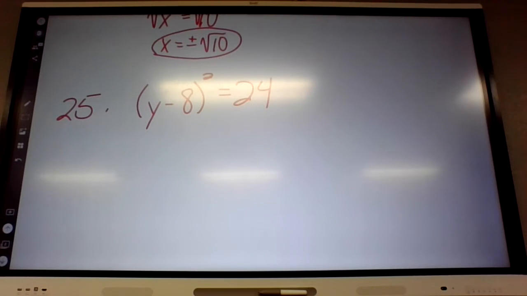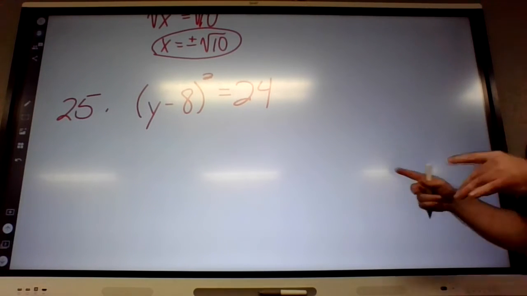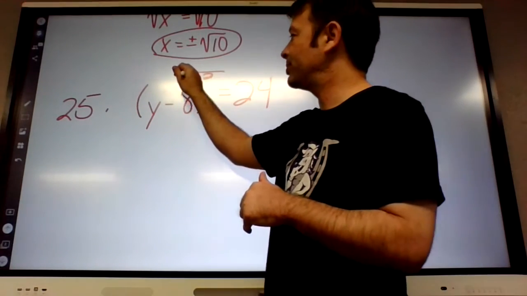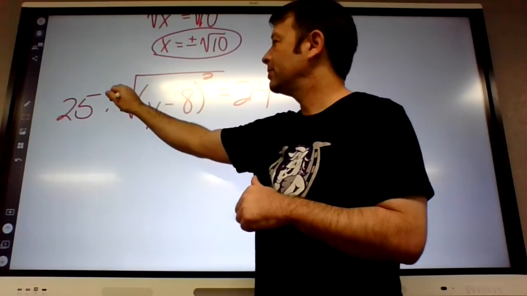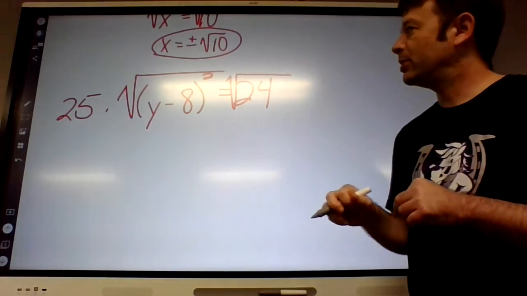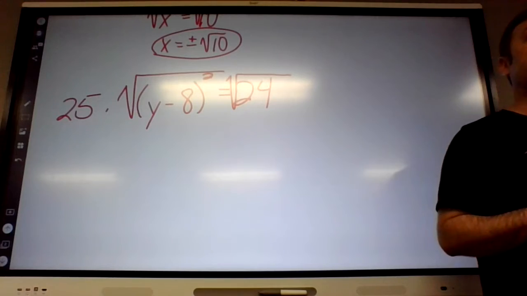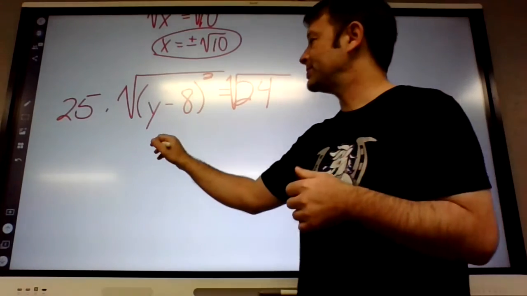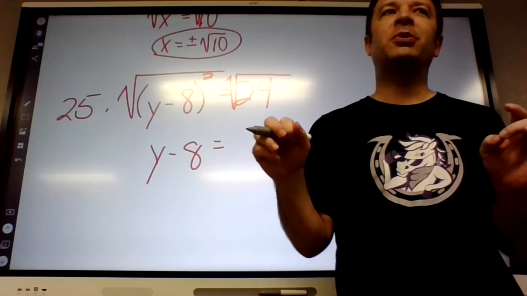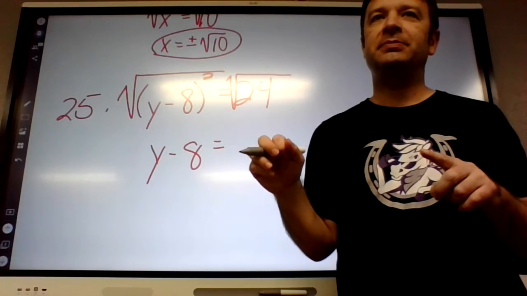Since the whole left side is squared, we can get rid of the square right now. So you can square root right off the bat. Well, what do you guys think the left side is going to become? y minus 8. Okay, what's the right side going to become?